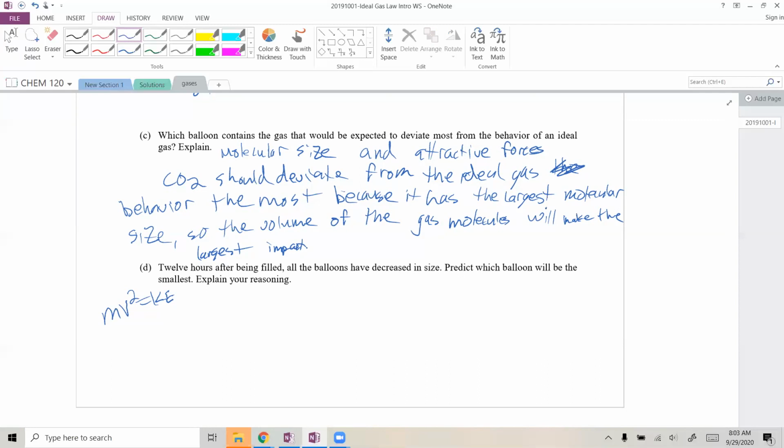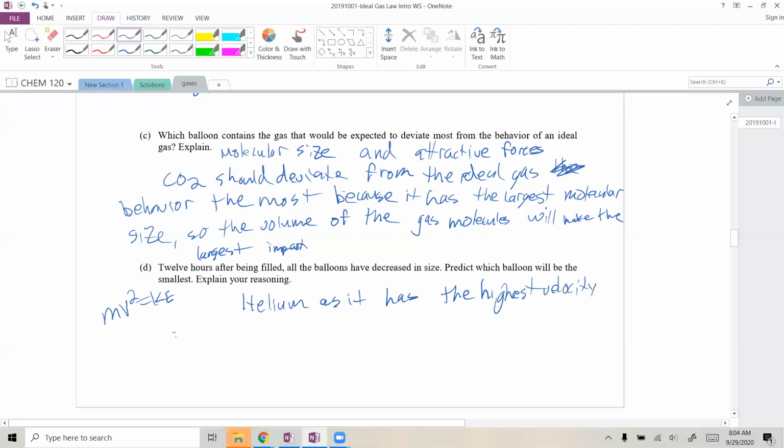So the balloon that we think is going to escape the most is going to be our helium, as it has the highest velocity at the same average kinetic energy compared to the other gases.